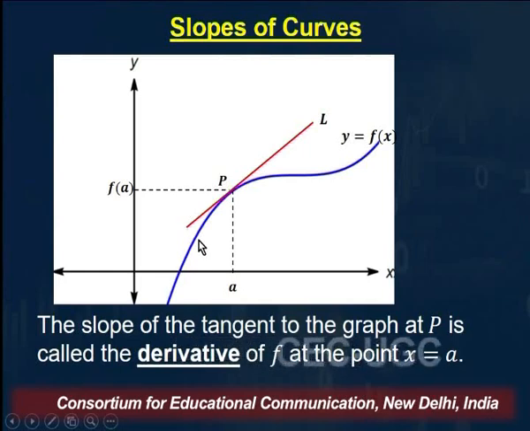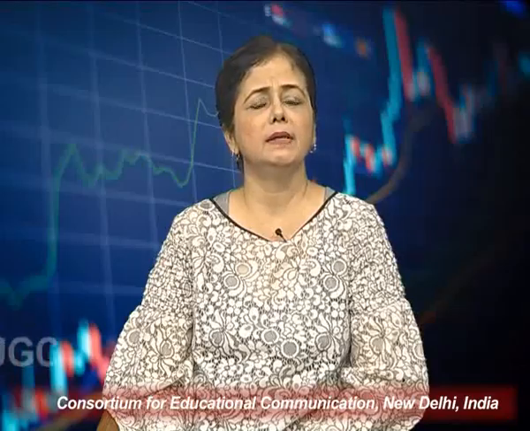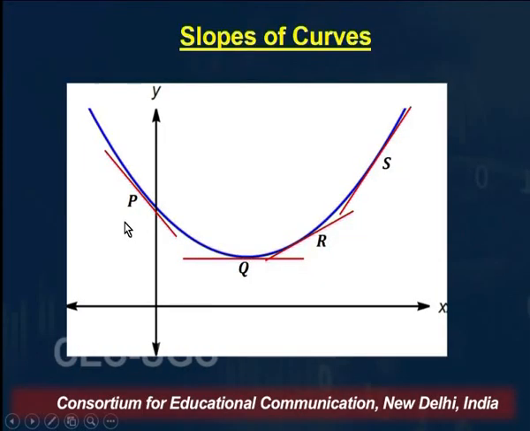Now, just to give you a sense of what we are saying, let's take an example with another curve like this, and let's see how the slope changes. So, for example, if we look at points like P, Q, R or S on this curve, then at point P, you can see that the tangent that we've drawn to the curve at point P is negatively sloped.